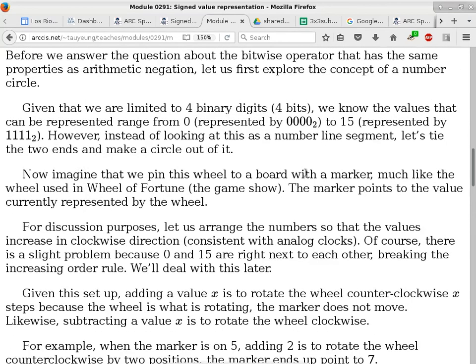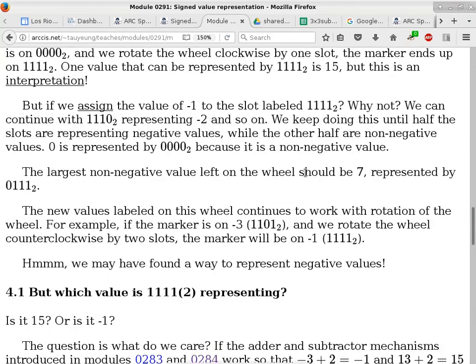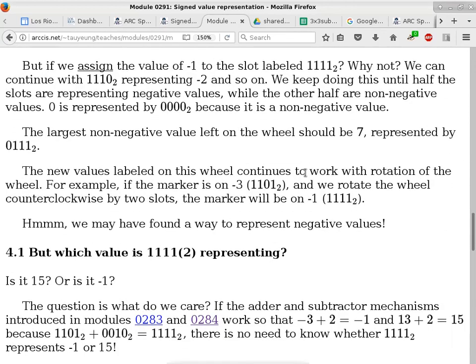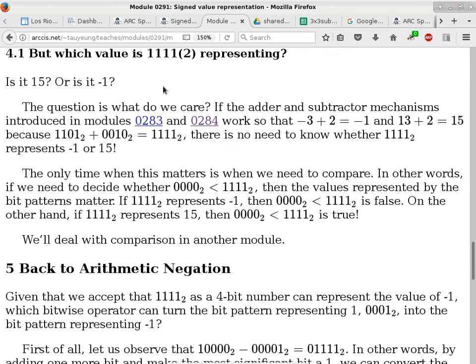So the idea of a number circle is already illustrated. And then there's the question of which value 1111 as a base 2 number is representing. Is it representing 15 or is it representing -1? The answer is we don't really need to know until it is used for comparing.